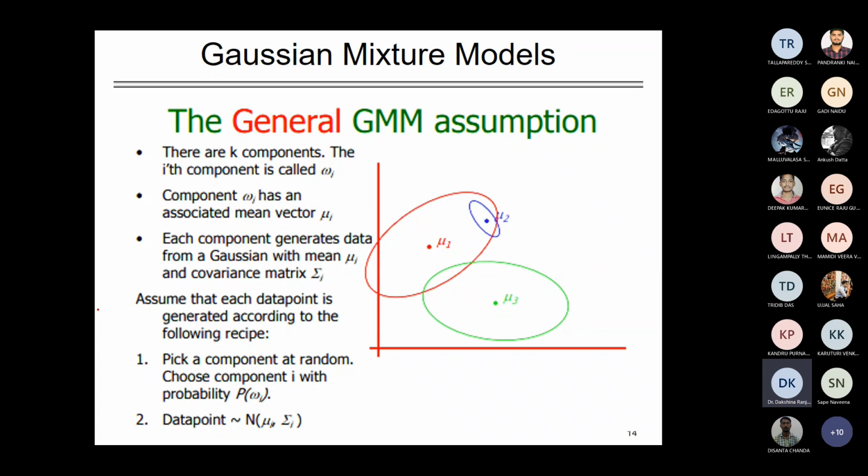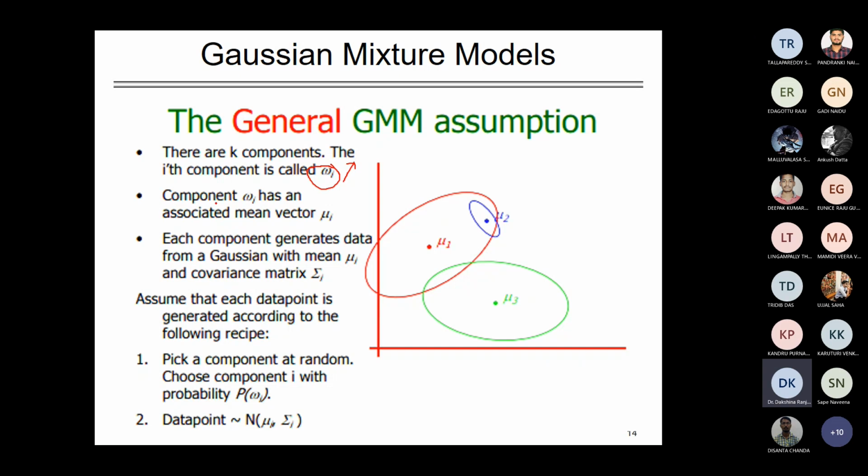If we consider k components, then for a particular component, omega I represents the class of that component. So for the ith component, we can have the class information as omega I.